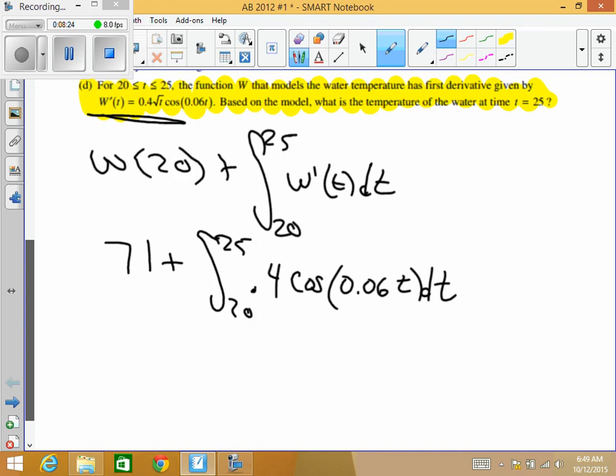You could go ahead and figure out that antiderivative by hand, but why would you when this is a calculator problem? Just put that in the calculator, and we end up with 71 plus 2.043. And you don't even have to add those together, but you could. 73.043.